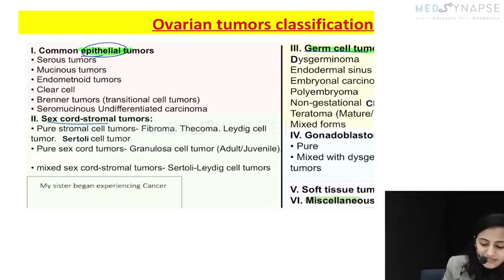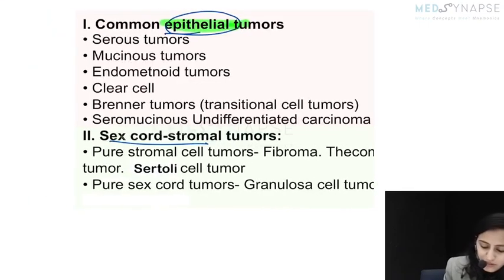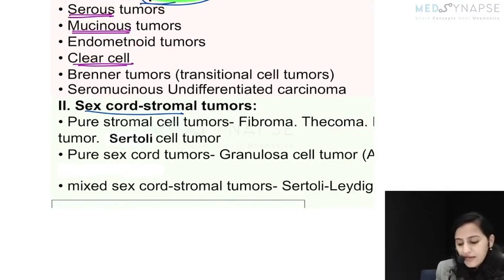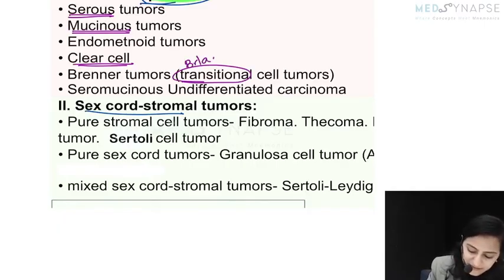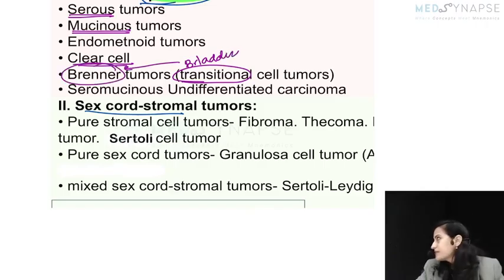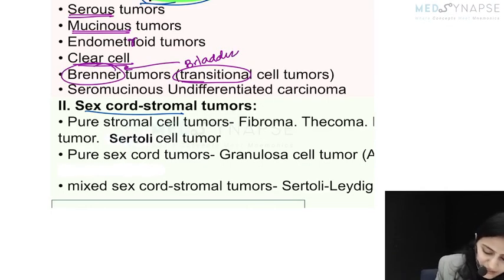Epithelial means like the type of epithelium. So you talk about serous, mucinous, clear cell. Bladder's epithelium is what epithelium? Transitional. So remember transitional epithelium in bladder, which is what tumor? Brenner. Brenner is bladder transitional. And the endometrioid.